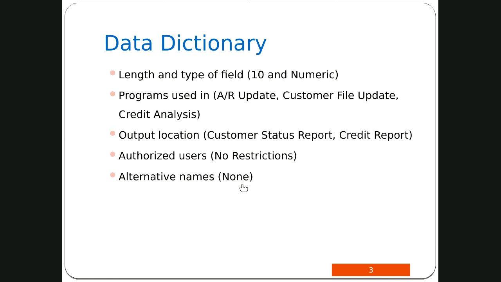We have a question here. It says attendance is the program used and attendance report in Blackboard is the output location. There are some overlaps here. The program is something that can also generate a report, right? So for example, there is a program that updates the accounts receivable, and there is an updated accounts receivable report.